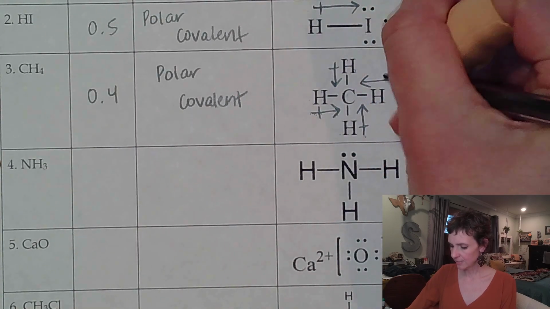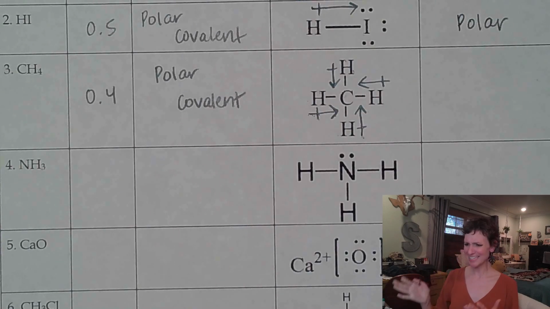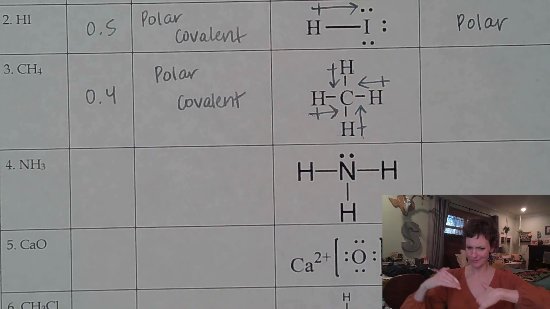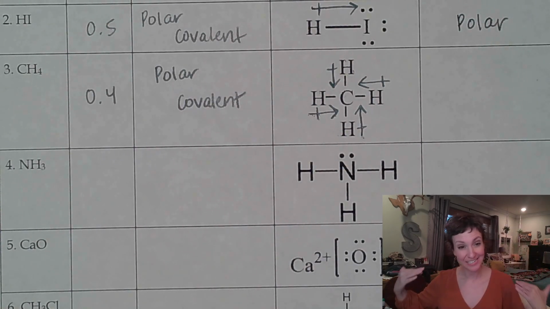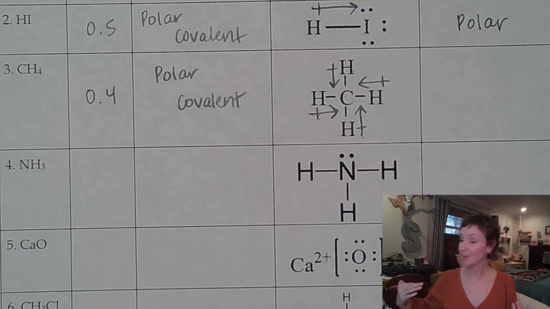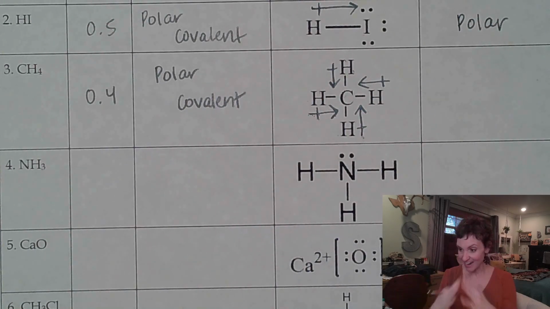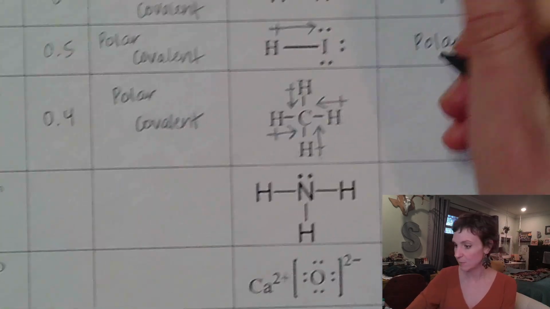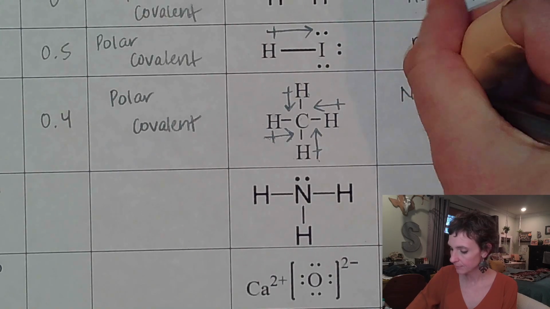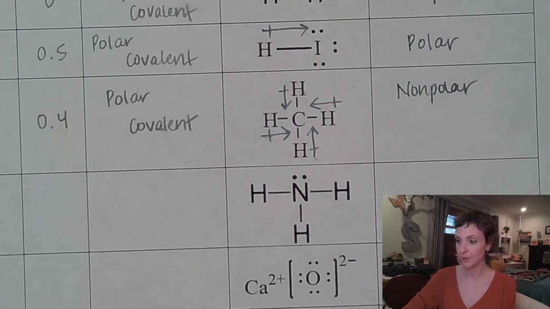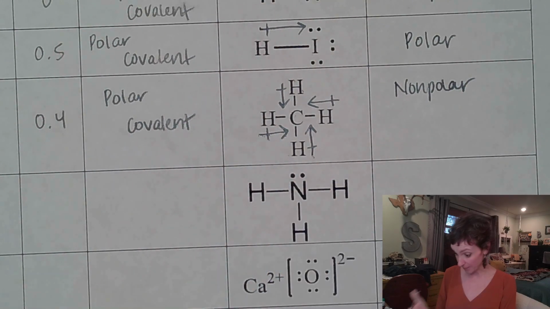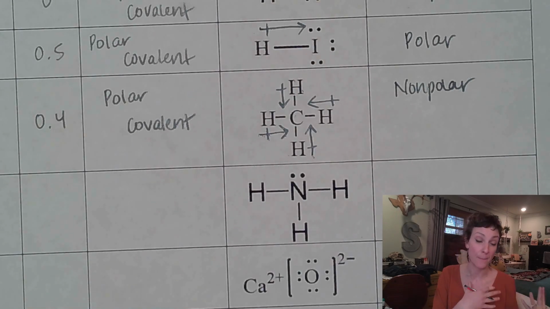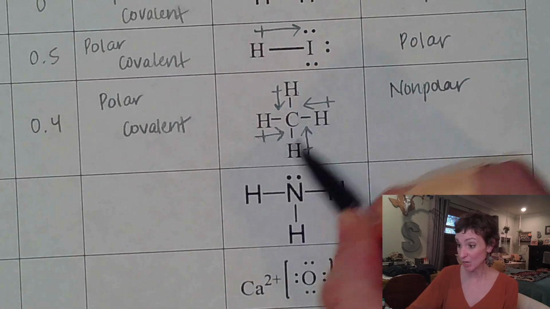Oh, look at this. Yes, I do have polar bonds, but all those polar bonds cancel each other out. So there is no net direction where this collective amount of dipoles is trying to pull. So we would call this a non-polar molecule. And what we're looking for on our Lewis dot structure, which is what we're going to use to determine if the molecule is polar or non-polar, is two things.